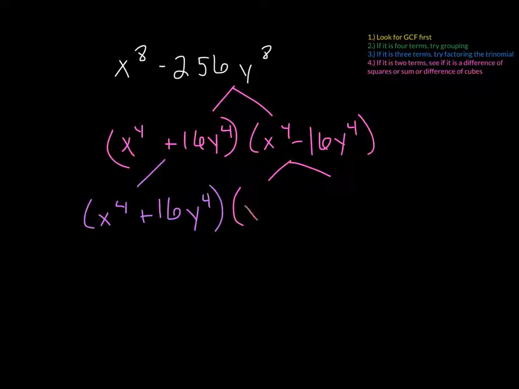Square root of x to the 4th would be x squared. Square root of 16y to the 4th would be 4y squared. So x squared plus 4y squared, x squared minus 4y squared.